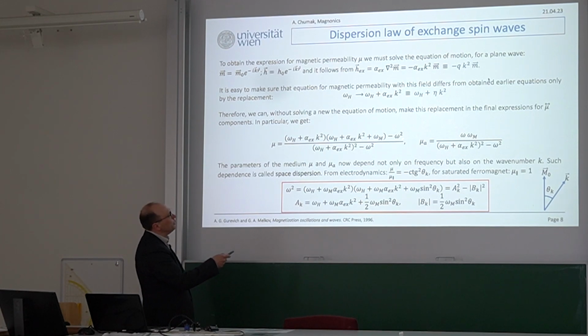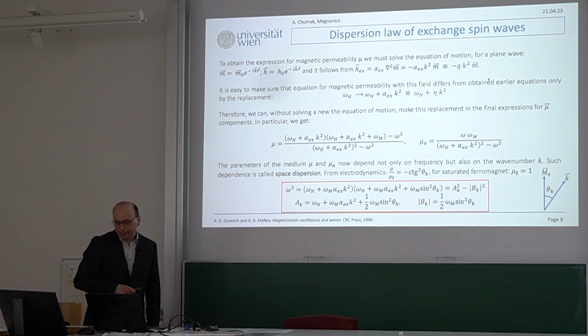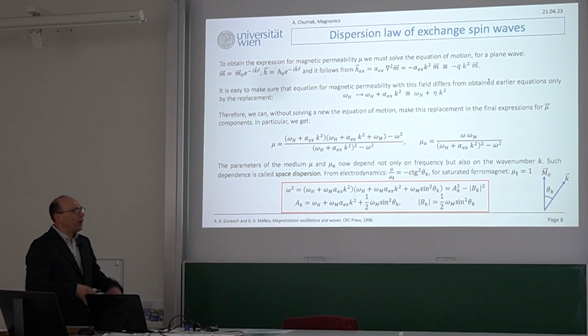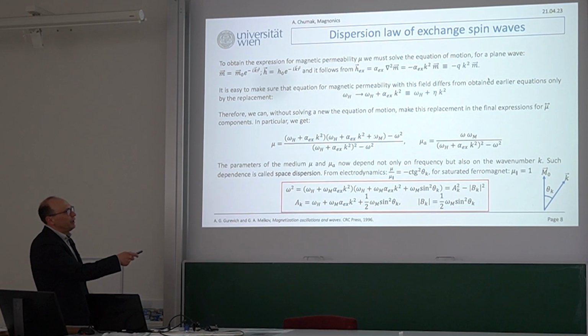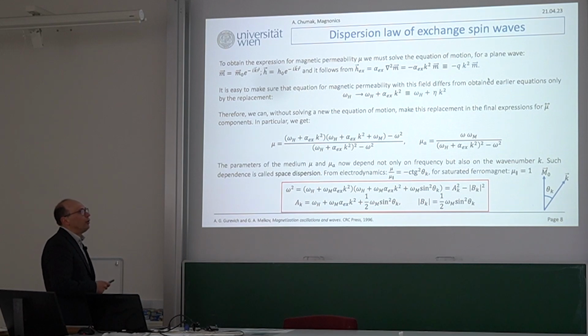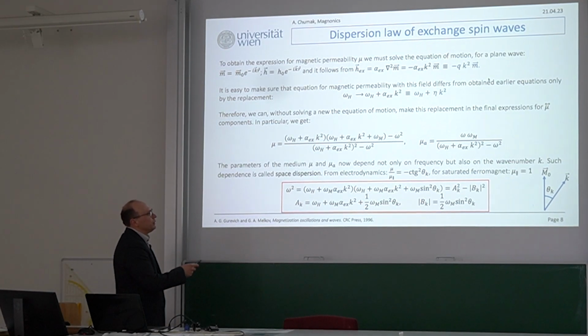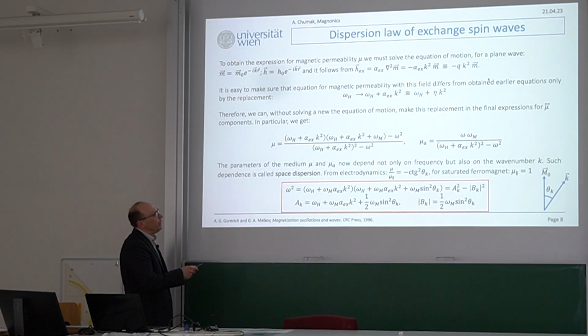Then you just take this mu, which is more or less this one, and make it equal to cotangent squared of theta. And from there, at the end of the day, you need to define omega as a function of k. That's the dispersion which you can get for exchange waves. So it's written omega h, omega m. Omega m, so magnetization is sitting here, multiplied by alpha exchange.